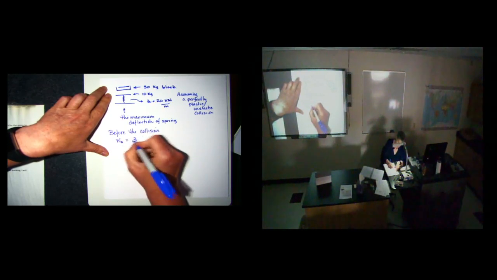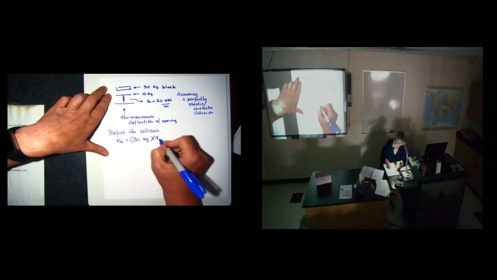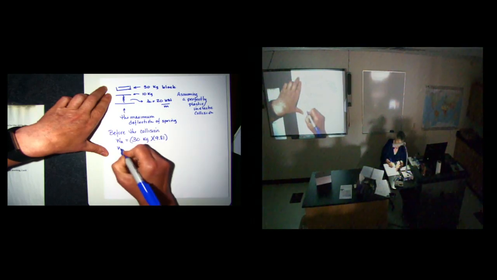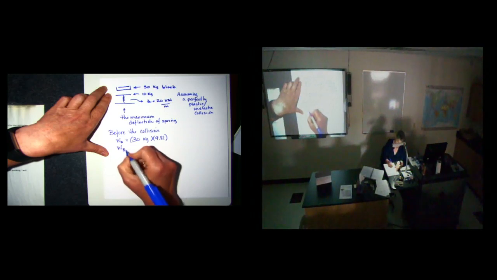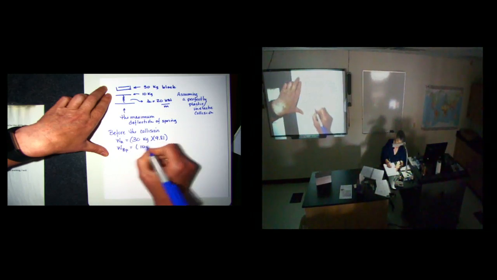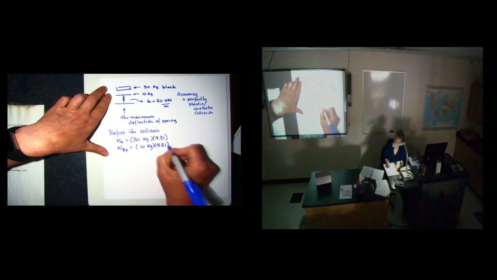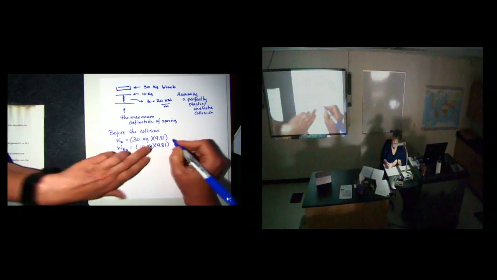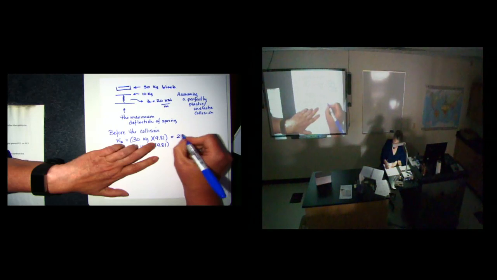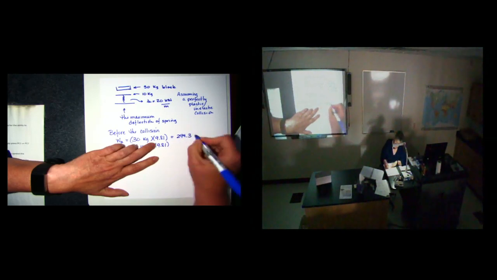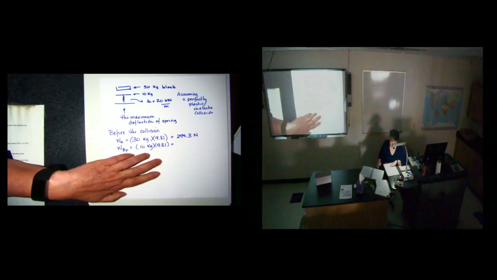I'm going to have a deflection of the spring due to the pan. That's related to the weight, which is going to equal kx.